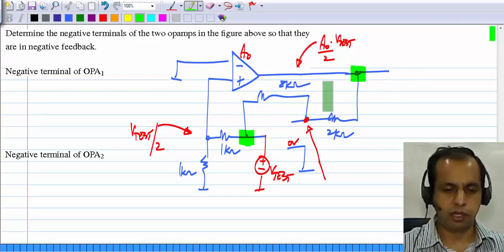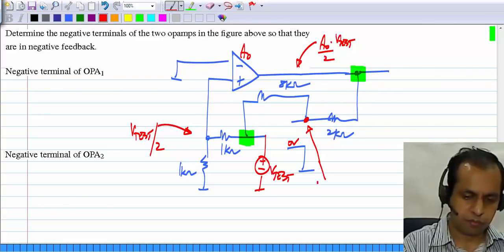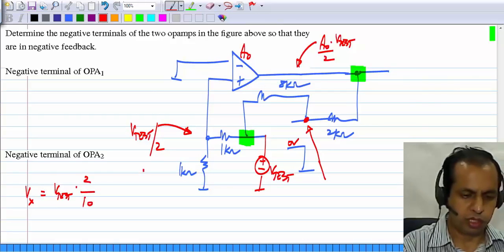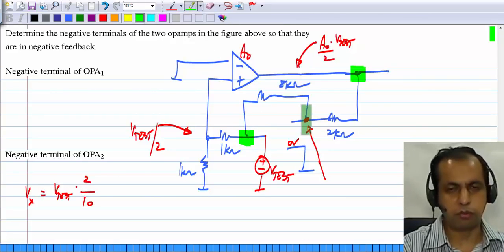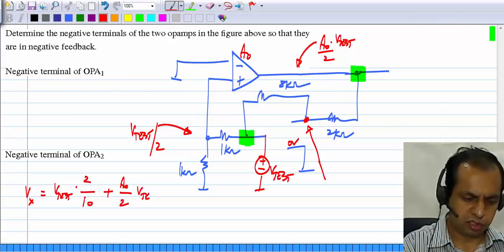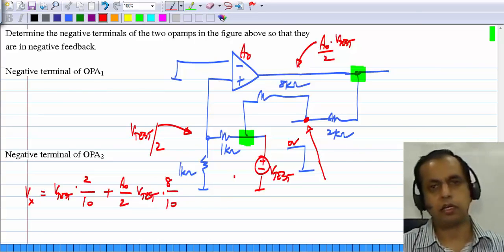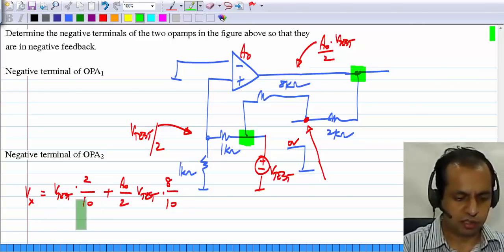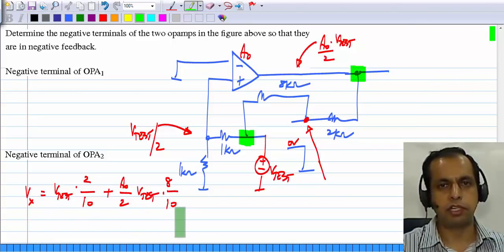And again, if you calculate it, you will see that it will be, let me call this Vx, Vx will be Vtest times 2 by 10. That's the contribution directly from here, and the contribution from there would be plus A0 by 2 times Vtest times 8 by 10. You can calculate this, but the important thing is to recognize that this is some positive number times Vtest.